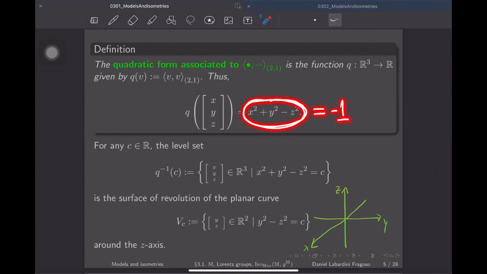Which actually is going to be this constant equal to -1.